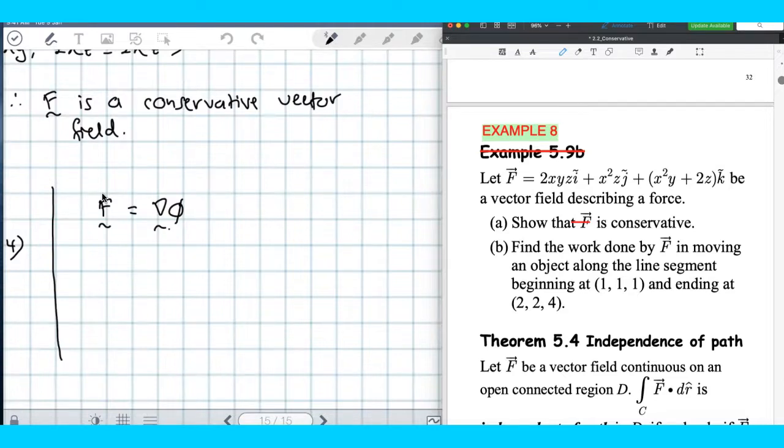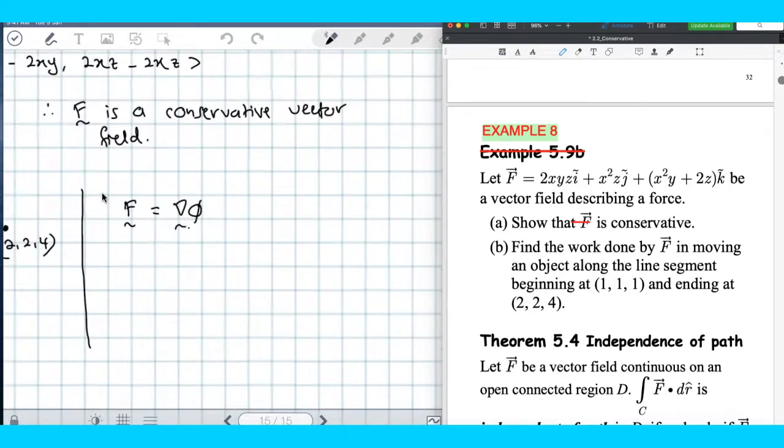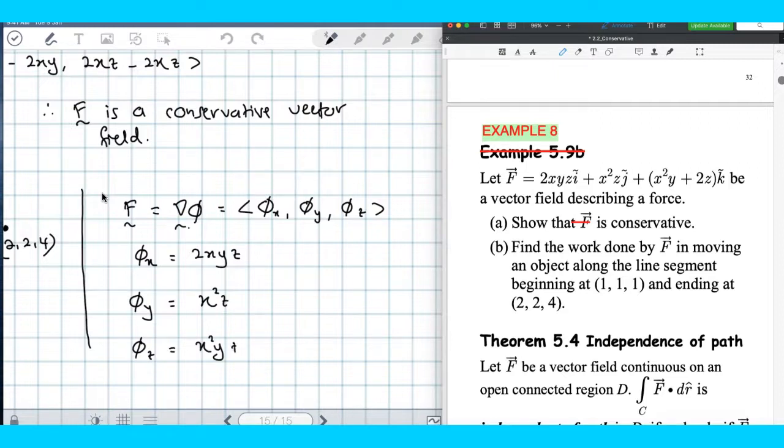So F has components phi x, phi y, and phi z. We can say that phi x is equal to 2xyz, phi y is equal to x squared z, and phi z is equal to x squared y plus 2z. To get phi, you have to integrate.